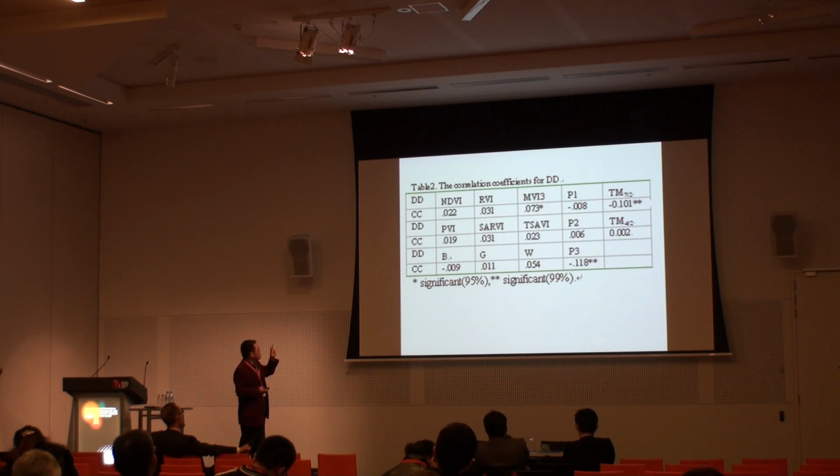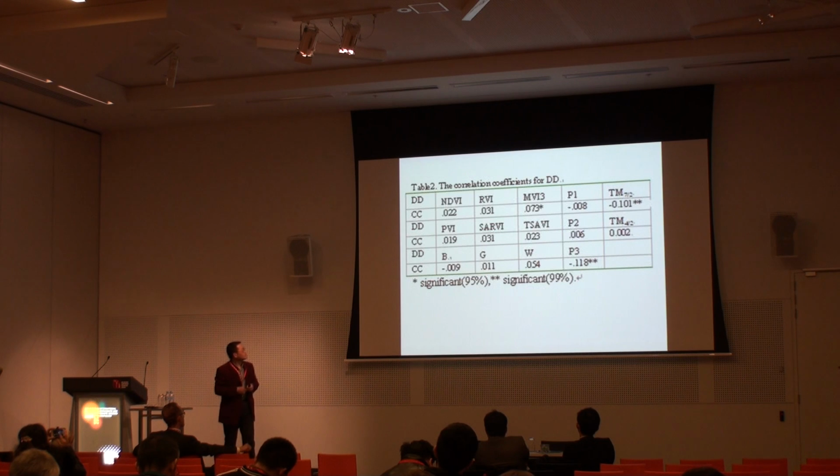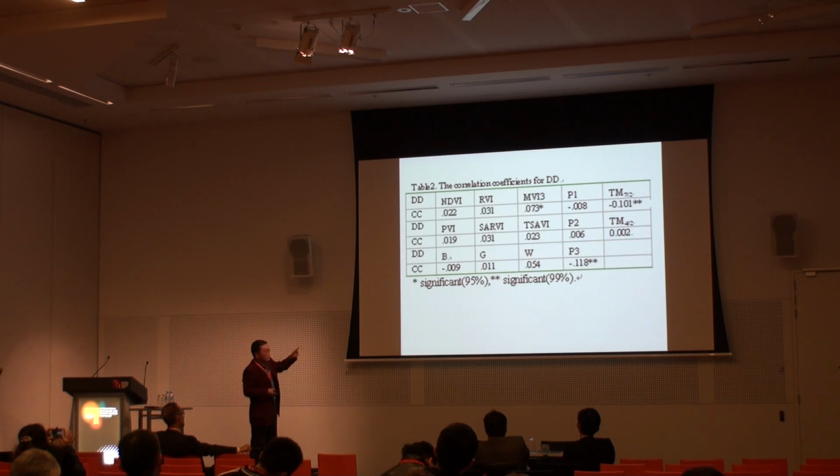features. One feature is MVI, and another feature is the third principal component. And the other is TM band 7 divided by band 2.